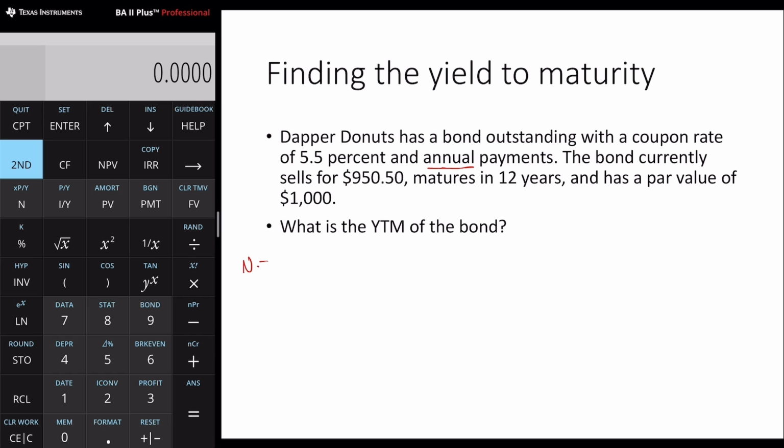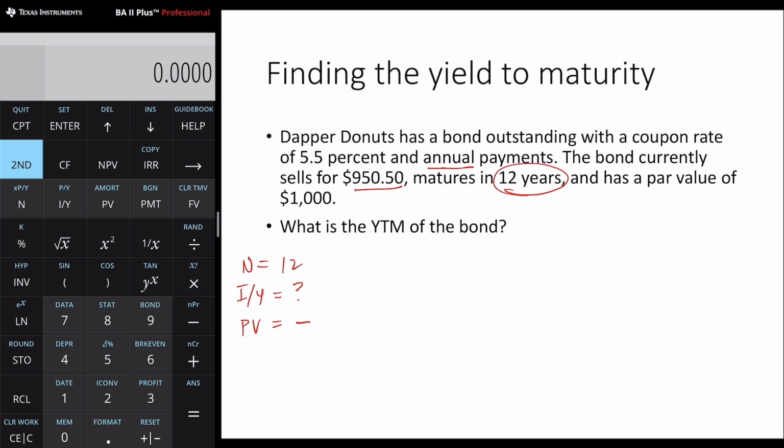All right, so our N is going to be the maturity, which I see is 12 years. Our I over Y is going to represent our yield to maturity, and that is what we're solving for. Our present value is what we pay for the bonds today, and that is $950.50. Now remember, if I'm paying for the bond today, then cash is going out of my pocket, going to the seller, and in return I get the bond.